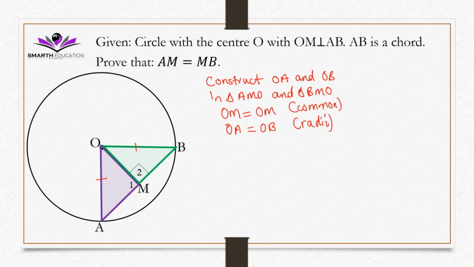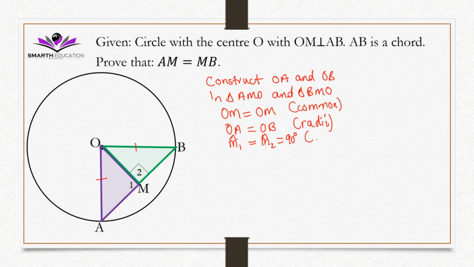So it means we're given that angle M1 and angle M2 are 90 degrees. So angle M1 is equal to angle M2, and both of them are equal to 90 degrees.